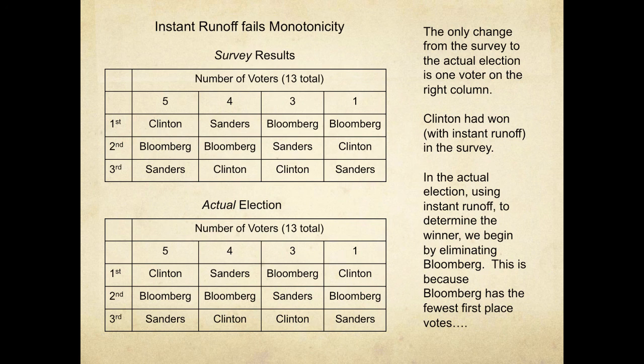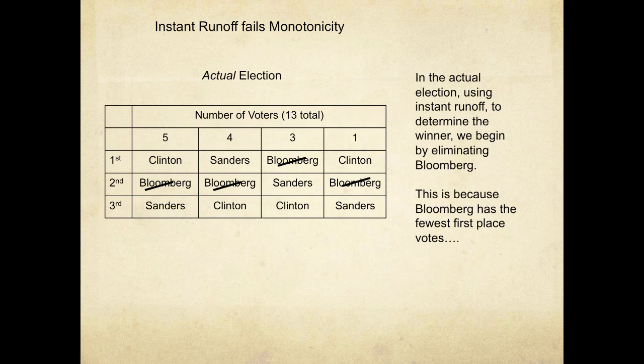You see, you've got Clinton with 6 votes, which is not yet a majority, and so we have to look for the candidate with the fewest number of first place votes, and that's Bloomberg here. Bloomberg has the fewest number of first place votes with only 3, and so Bloomberg is going to be eliminated.